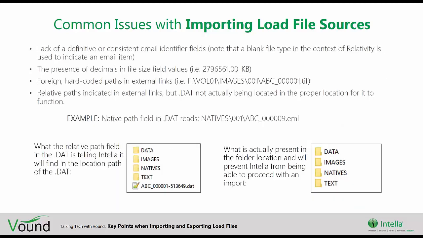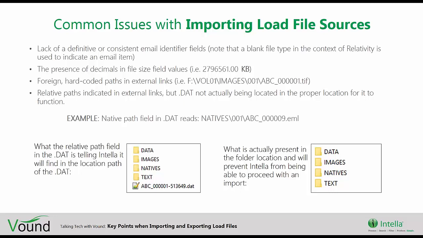Another common issue with load file sources that I wanted to show a specific example of is the lack of a consistent or definitive identifier field for email. This is where the way Relativity handles it comes to mind. Relativity deals with identifying email by leaving the file extension field blank.